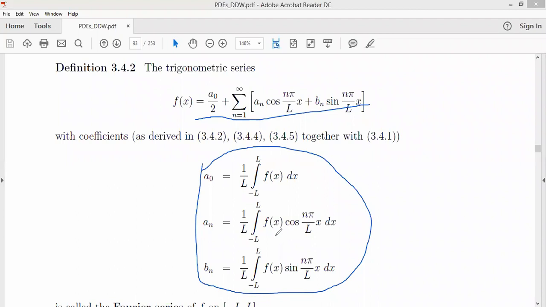Once you have the f(x), it is highly likely that it will demand that you use integration by parts, depending on the nature of f(x). This one, a0, could be a direct integral unless you have a function which is a product.